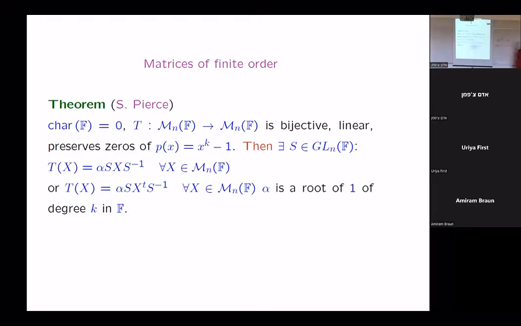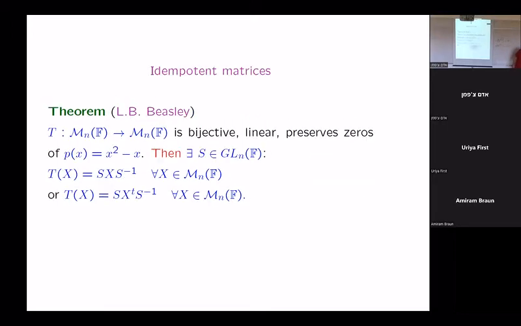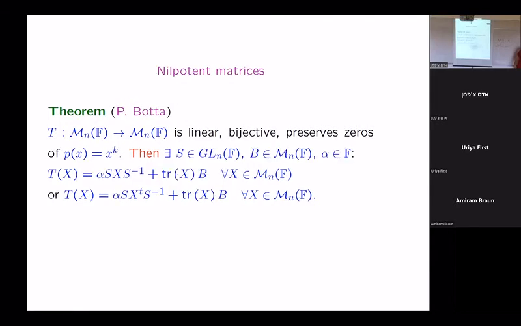But for idempotents, there are even fewer maps. But let's look at the following result of Botta about nilpotents. Then you have considerably many maps, with some extra summands here.